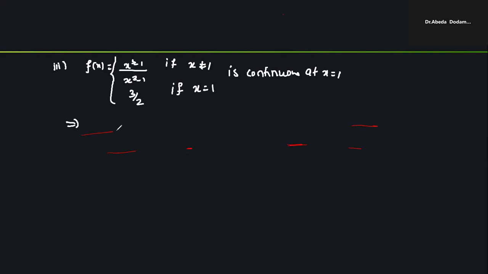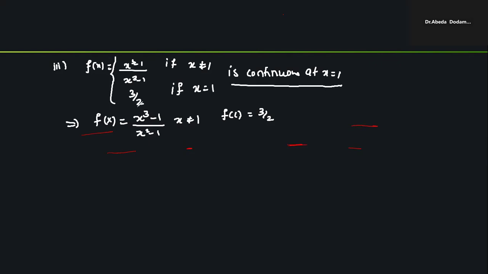To get a solution, we have to prove that the given function is continuous at x equal to 1. They've given you that f of x is equal to (x cube minus 1) upon (x square minus 1) when x is not equal to 1, and f at the point 1 is given as 3 by 2.